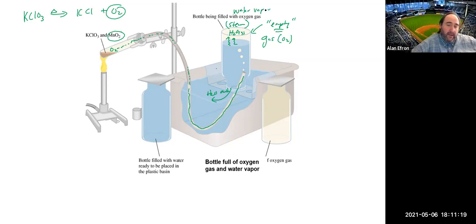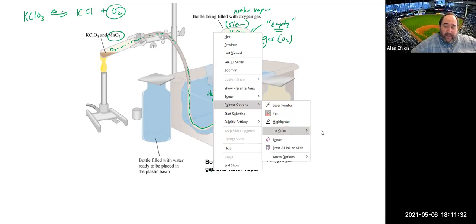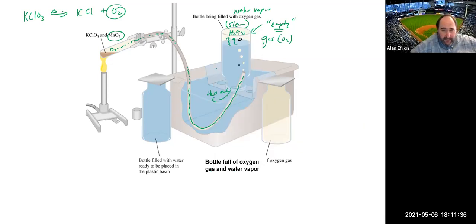So in this process, just by how you collect the gas in this experiment, you're getting a 2-for-1 situation where you're getting water vapor to come along for the ride, along with your O2 that will end up in that empty spot. The problem with the extra gas here is you're not really interested in the water vapor.